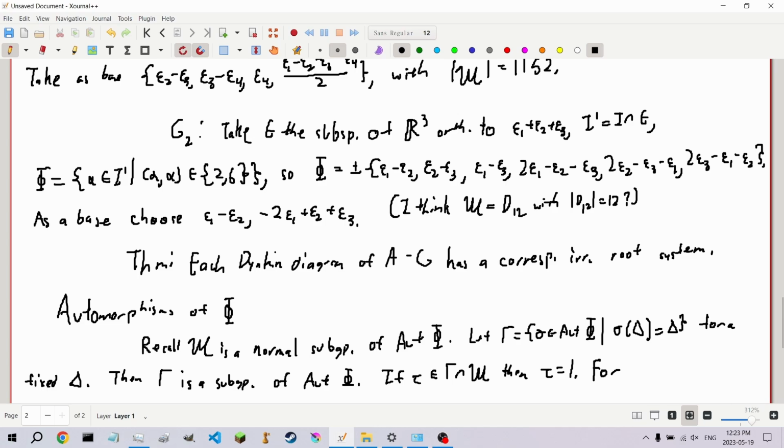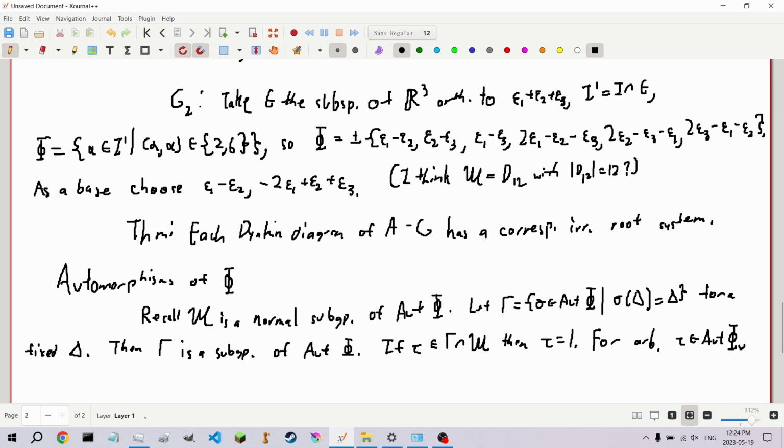Also see for arbitrary tau in the automorphism group of phi, tau of delta is a base of phi, so there exists sigma in the Weyl group such that sigma of tau of our base is just the original base.